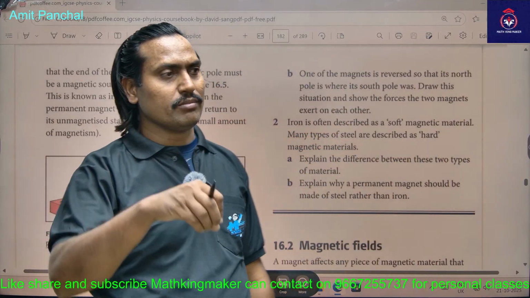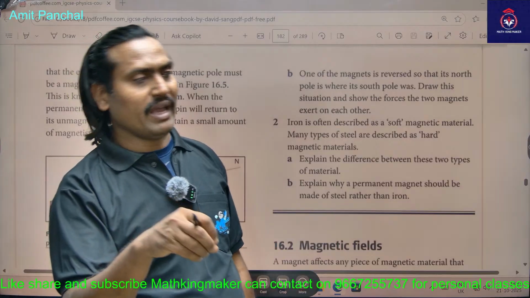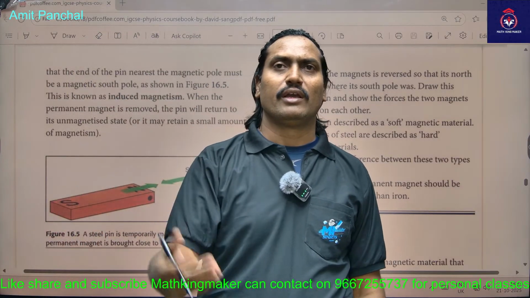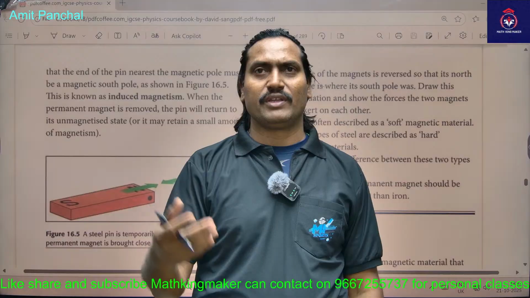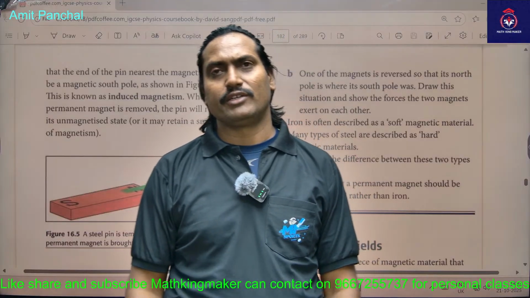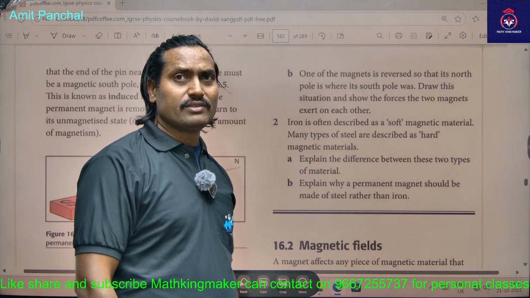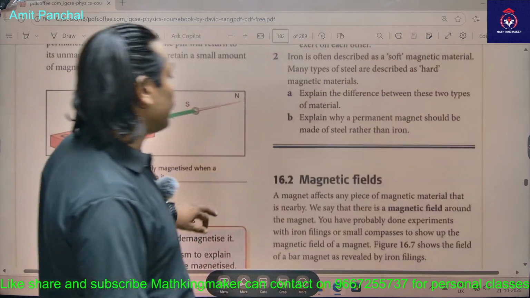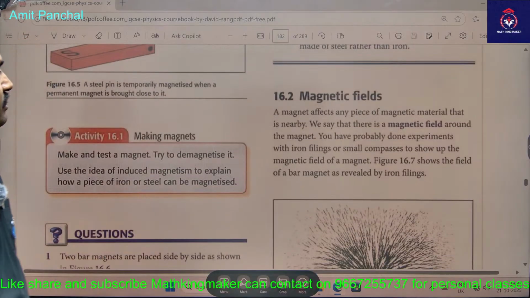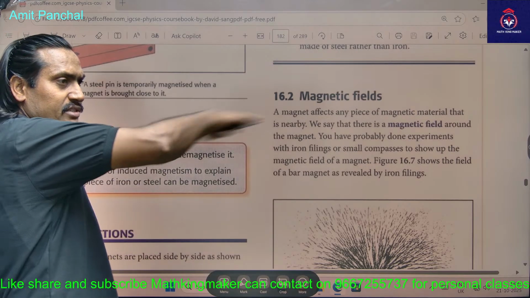So if you keep some magnetic material or a magnet in that field, it will experience a force. That is called magnetic force. A magnet affects any piece of magnetic material that is nearby, so we say there is a magnetic field around the magnet. So the magnetic field is just an imaginary field.